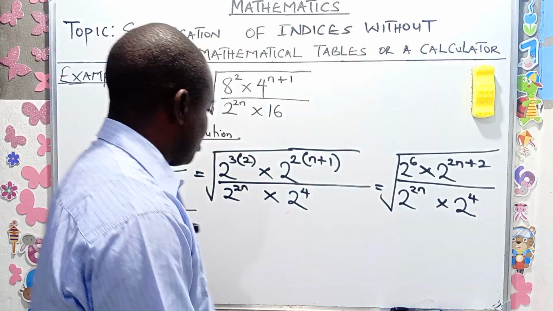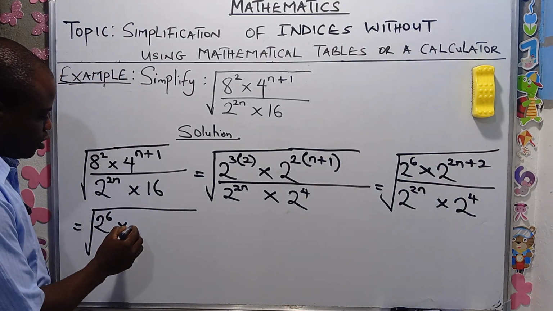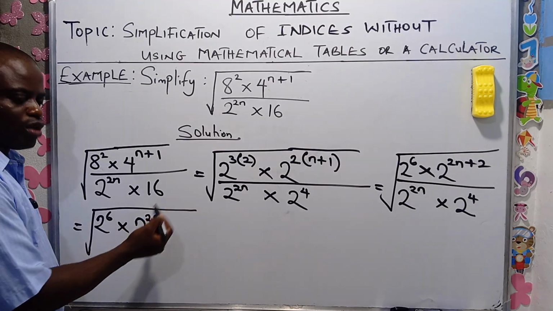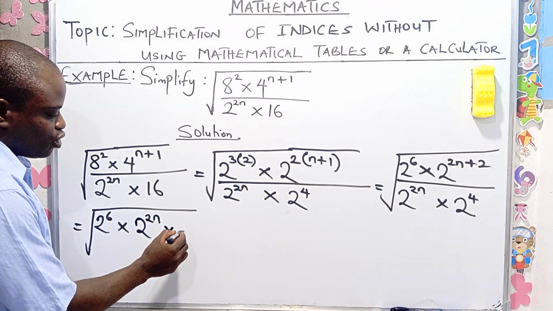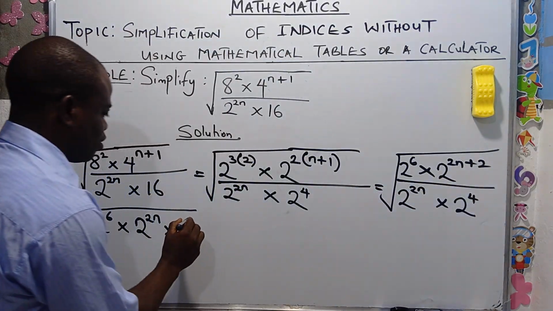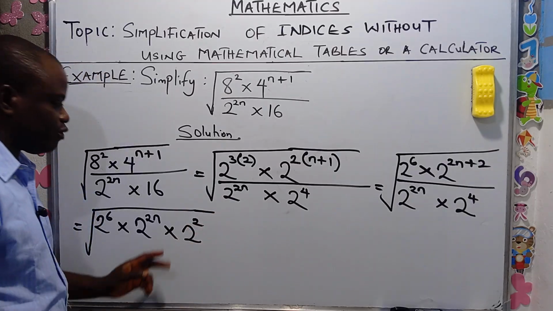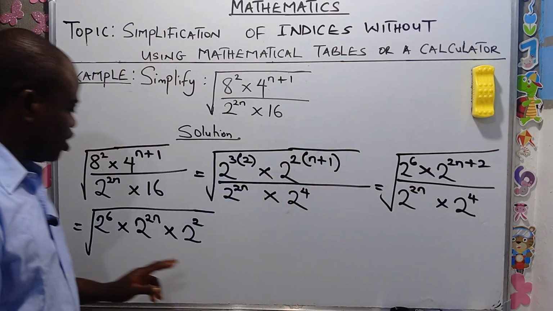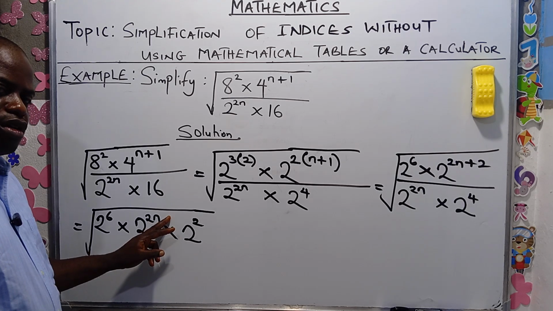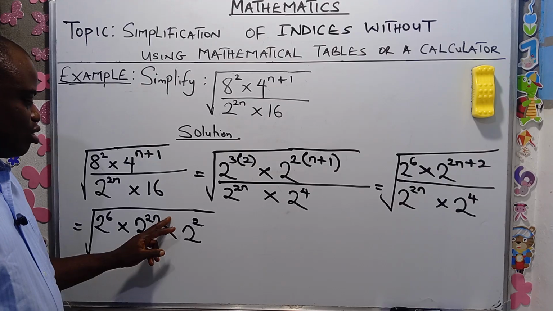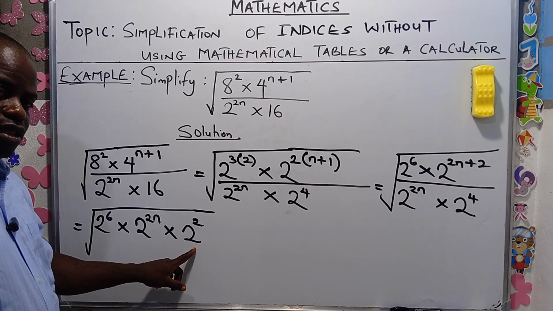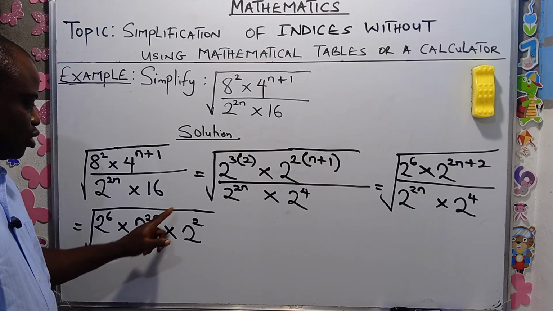Instead of writing plus 2 at the power, now write times 2 raised to power 2. You can still go back to the former expression, because multiplication is replaced with addition when you use 1, 2 to represent the two 2's. That's 2 raised to power 2n plus 2.